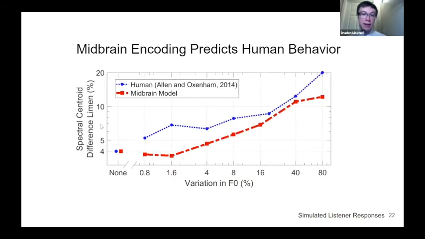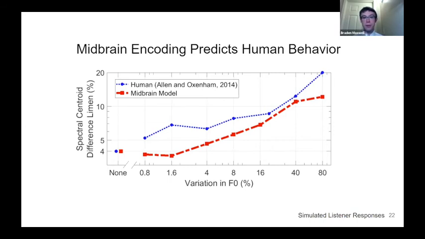When we add in fundamental frequency variation in the same way that they did, despite the complexities in the ways that fundamental frequency interacts with timbre in this midbrain code, we actually see a really similar increase in threshold based on the model results.